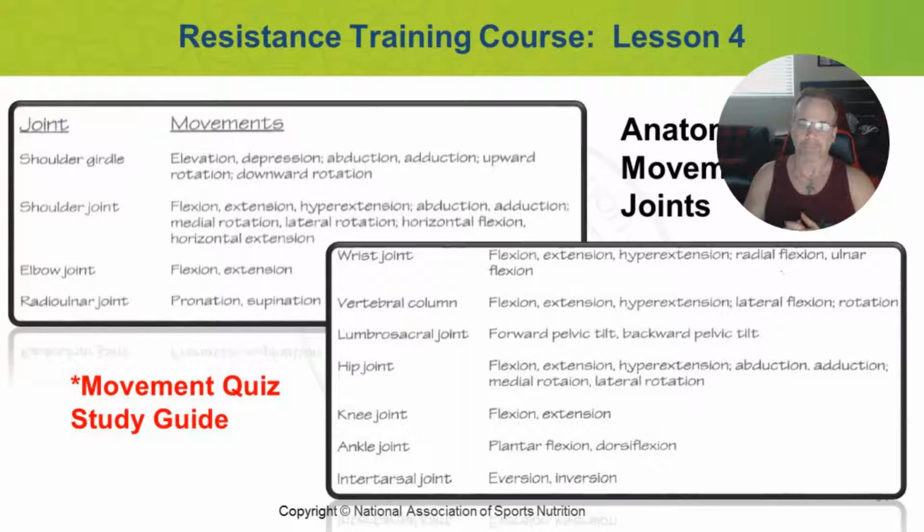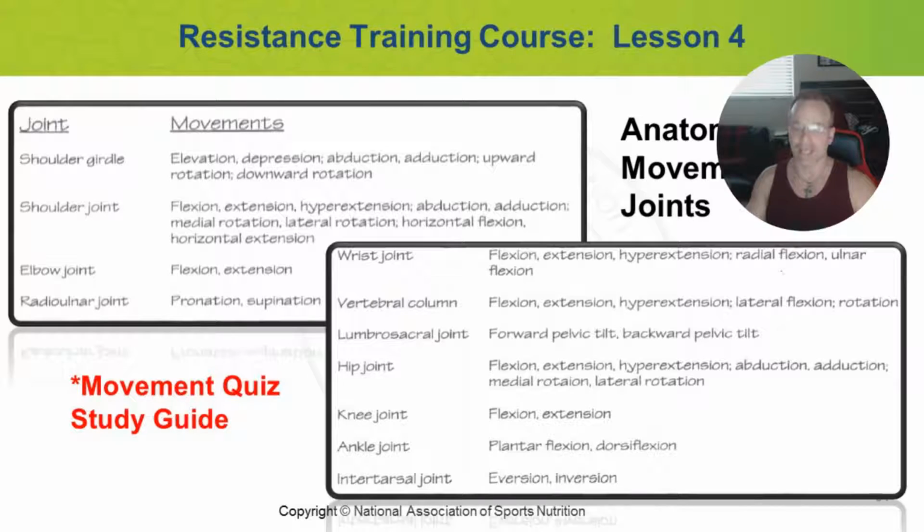But there's no such thing as horizontal hyperabduction. So it's best, and that's why it's listed here, to call it horizontal flexion, horizontal extension, and maybe horizontal hyperextension when you do a bench press or a fly movement at the shoulder. The wrist joint can do all these things.